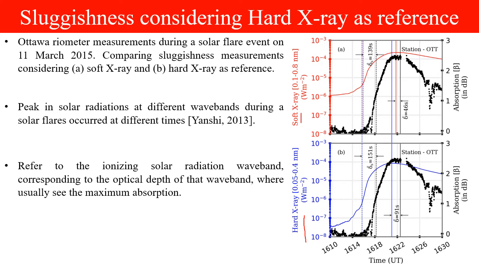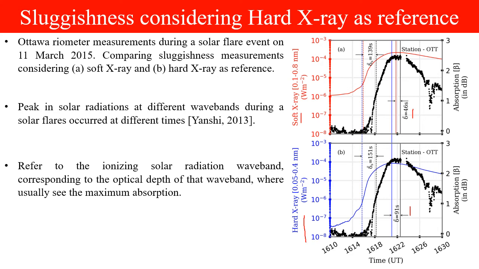We found there is a significant difference. The delta bar estimated from the soft X-ray is 46 seconds, whereas for the same event, the hard X-ray reference point gives us 91, almost double this value.